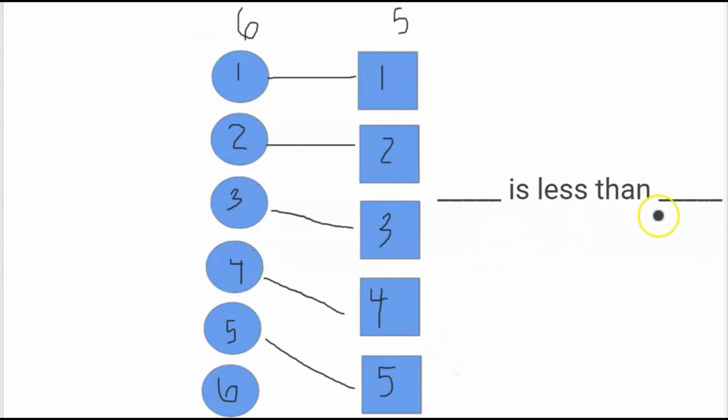So if we want to say that in our sentence using our words less than, what would our first number be? 5. We have less squares than circles. 5 is less than 6.